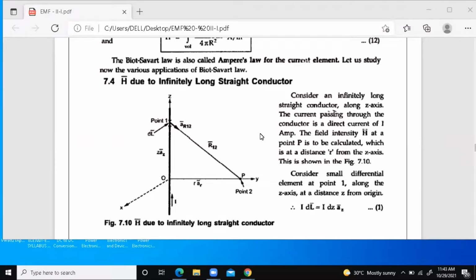So we are looking at an infinitely long straight conductor. We are going to align this conductor along the Z direction. So your dL is dZ, so I dL is I dZ in the aZ direction.